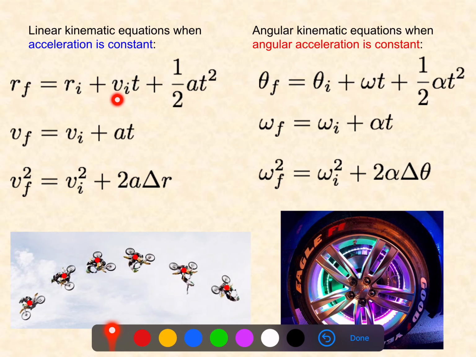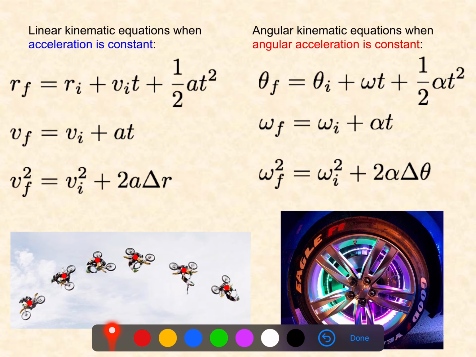Instead of linear velocity, we replace that with angular velocity. Instead of linear acceleration, we replace that with angular acceleration. And then the form of the equations is essentially identical. So these are completely analogous in that sense, and we're going to utilize them in the same way that we did in the linear picture.